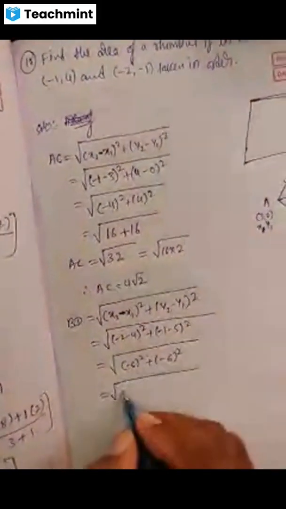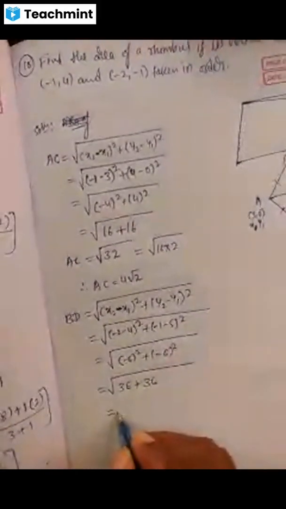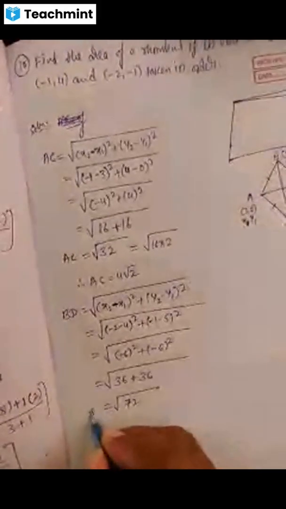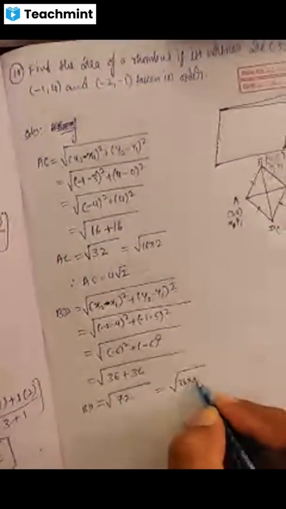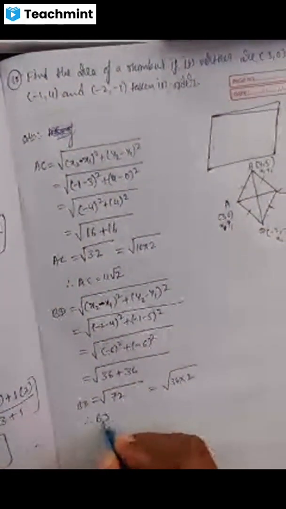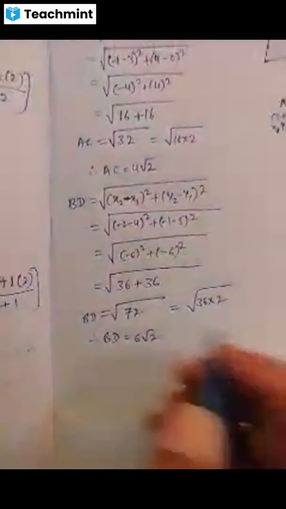Minus 6 square is 36, again 36, that is 72. BD is equal to square root of 36 into 2. Therefore, BD is equal to 6 root 2.